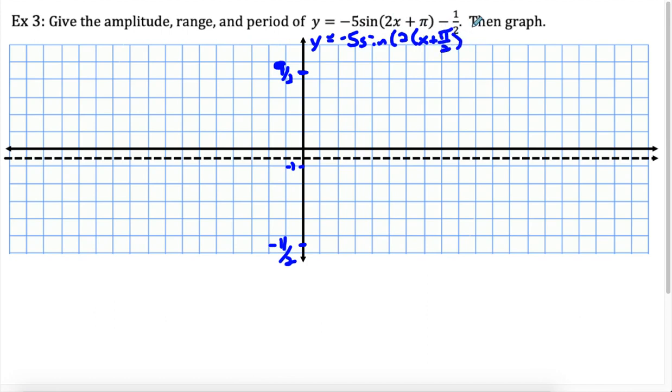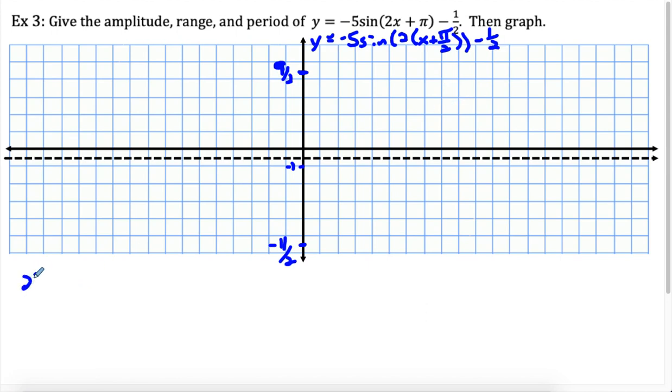In order for our process to work, we need to make sure that that b value is factored out. And remember, factoring something out just means we are dividing. So I'm just dividing both of these terms by 2. Then we're subtracting 1/2. So now I want to set this equal to 0 and equal to 2 pi.